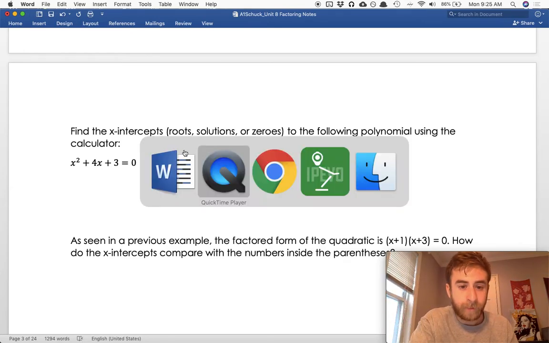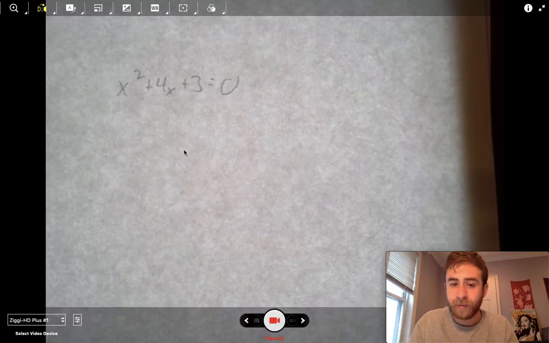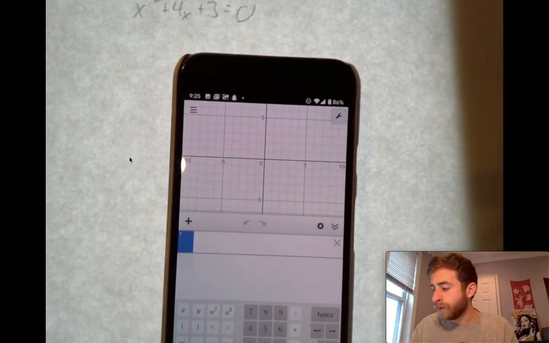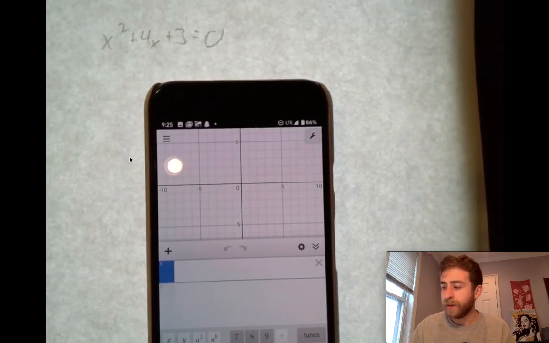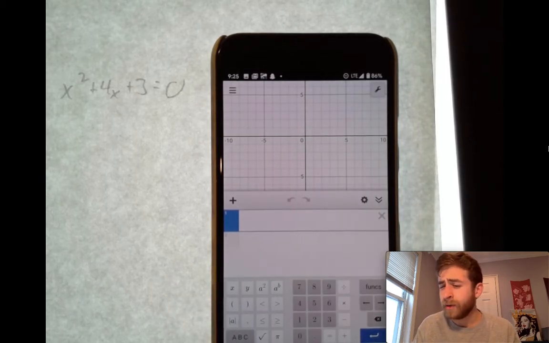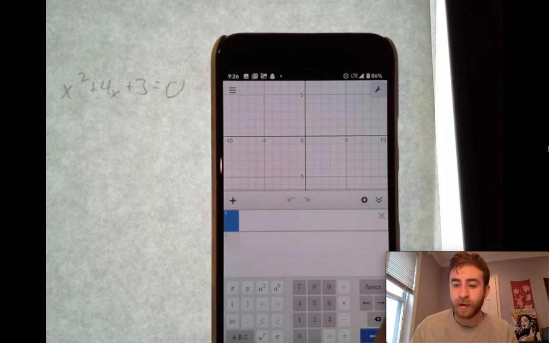All right, we're there. Here we go. So we have Desmos pulled up on our phones, or TI, whatever you're using. And even on just the Chromebook that you're using or any laptop, you can also just go to desmos.com and it'll look similar to this.